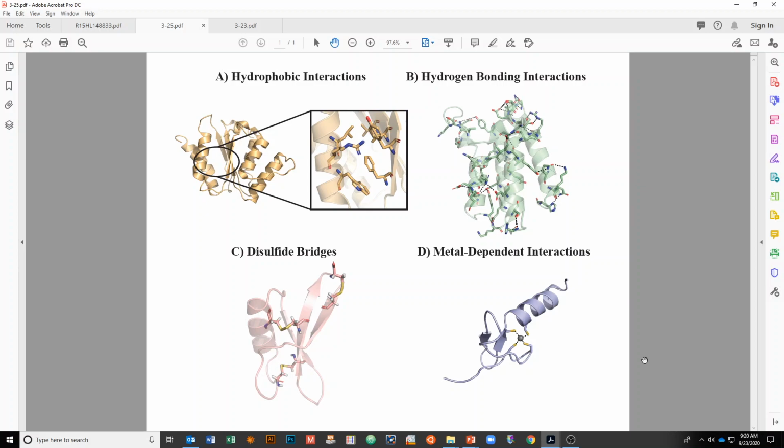But that state without other interactions does not look a whole lot like your final native state. It is through these hydrogen bonding interactions and disulfide bridges, metals, these really lead to the fine-tuning of your terminal protein structure, your native protein structure.